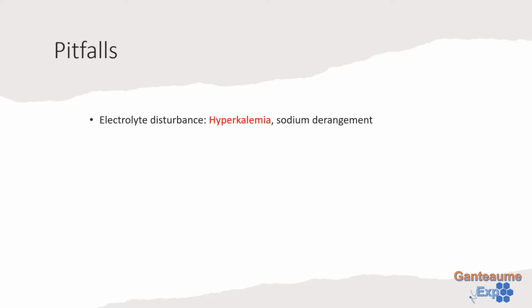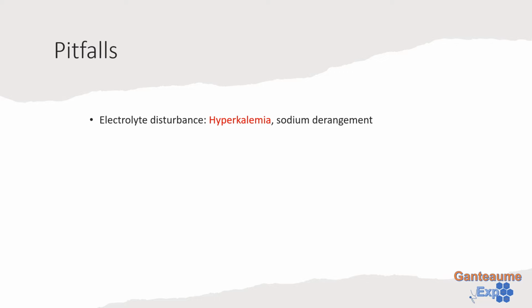Insulin facilitates the transfer of potassium from the plasma into the cells. And so when it's not around, or when there's resistance to insulin, as we see in DKA, the potassium could be trapped in the plasma and can't return intracellularly.